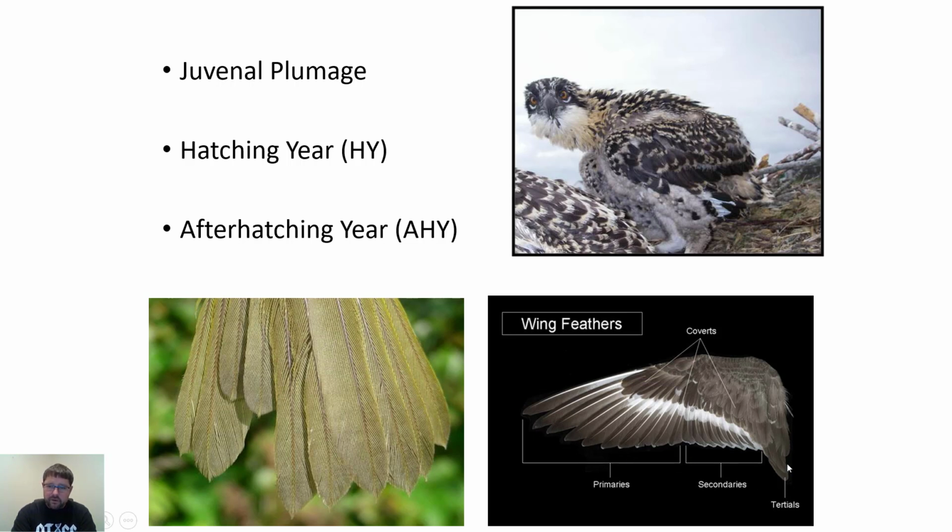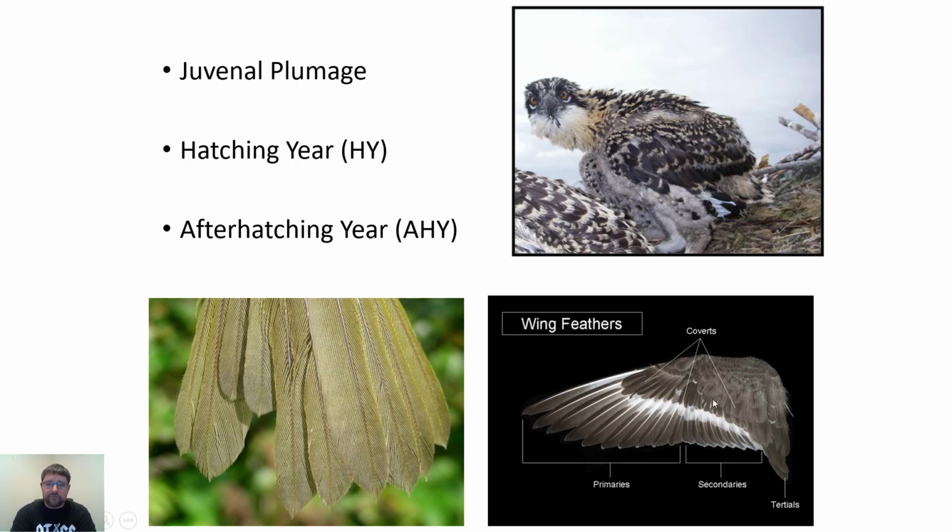There are other ways that you can do this. You can examine secondaries. Sometimes the bird will have different colored secondaries, or different colored plumage. Maybe the natal down is different colored, the tail feathers are different colored as a juvenile, the coverts or the wing covers or the primary covers are different colored.